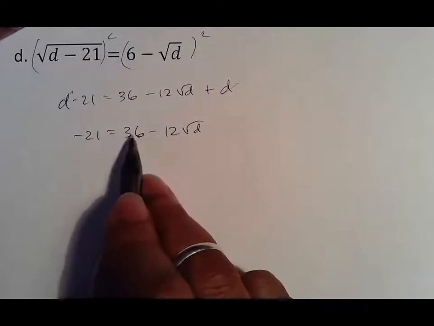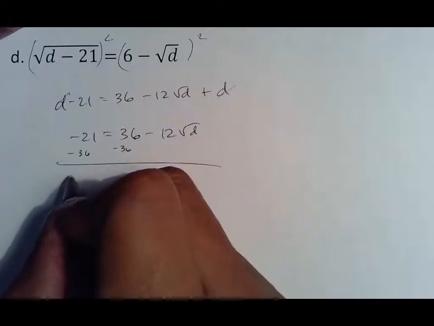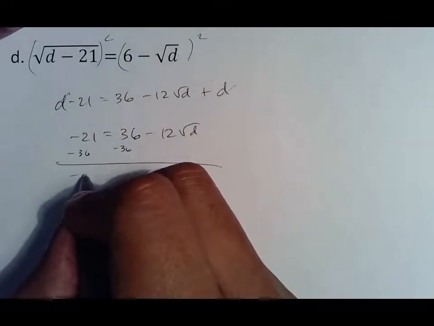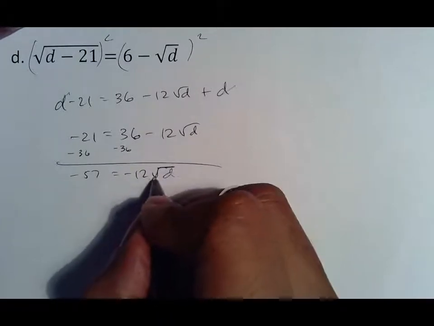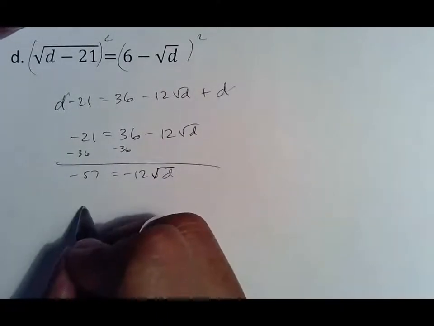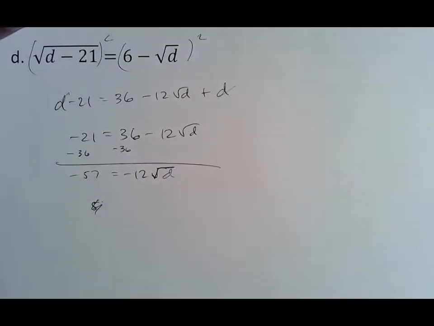This is 12 times root d, this is 36, I'm going to subtract 36 and get negative 57 equals negative 12 root d. Then I'm going to divide by negative 12, again it's just going to go to the bottom. 57 over 12 I think reduces.